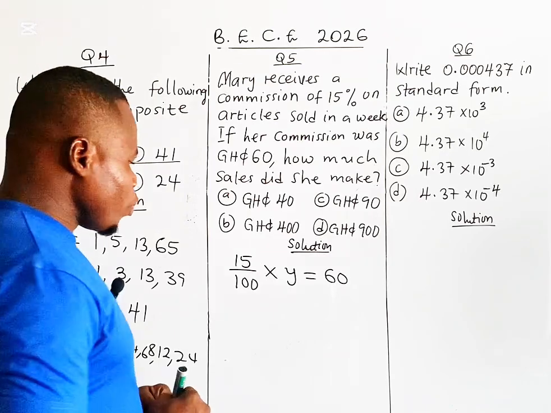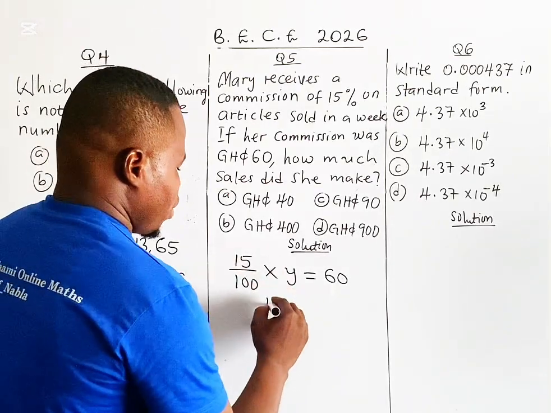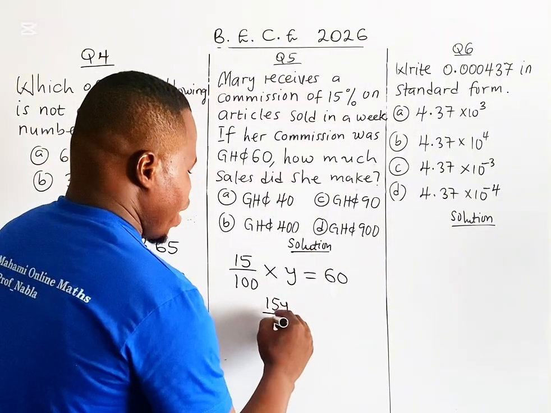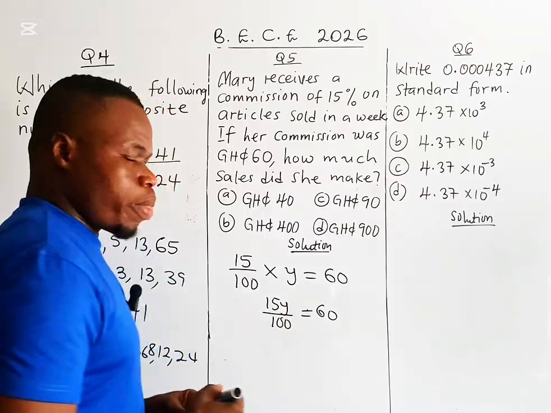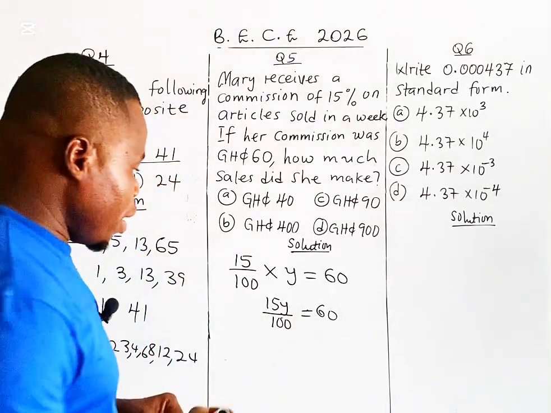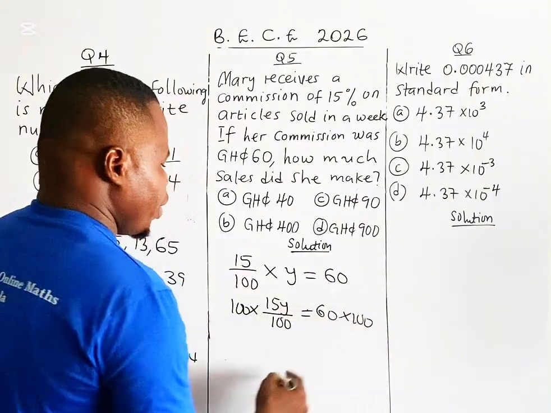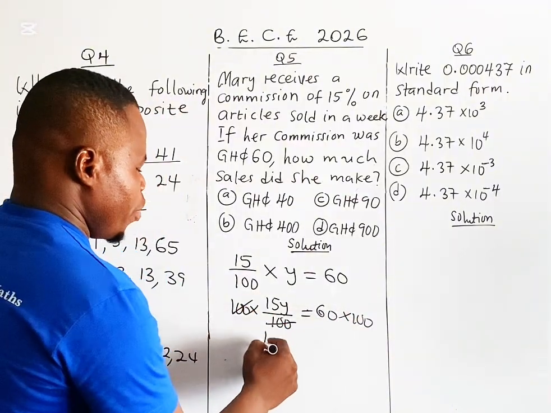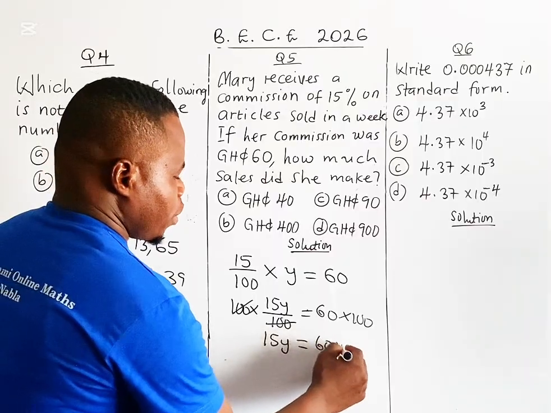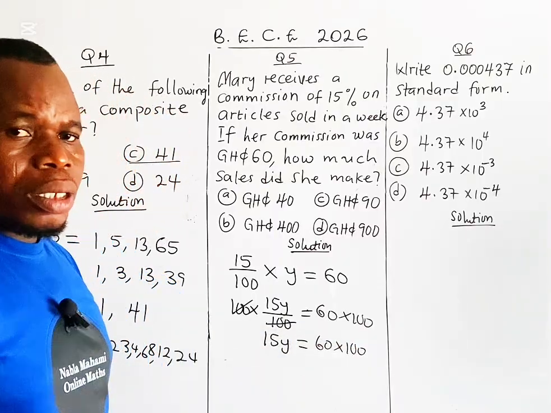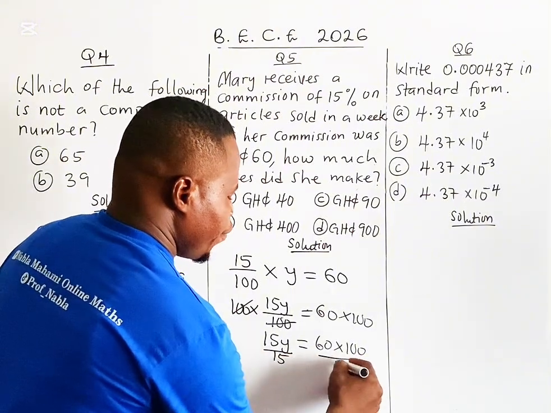Now I can say that 15 times Y, that will be 15Y over 100, should be equal to 60. But I want to find Y. I will multiply this side by 100, this side by 100. This will cancel this. Then we have 15Y is equal to 60 times 100. Since I want Y, I will divide here by 15 and divide here by 15.